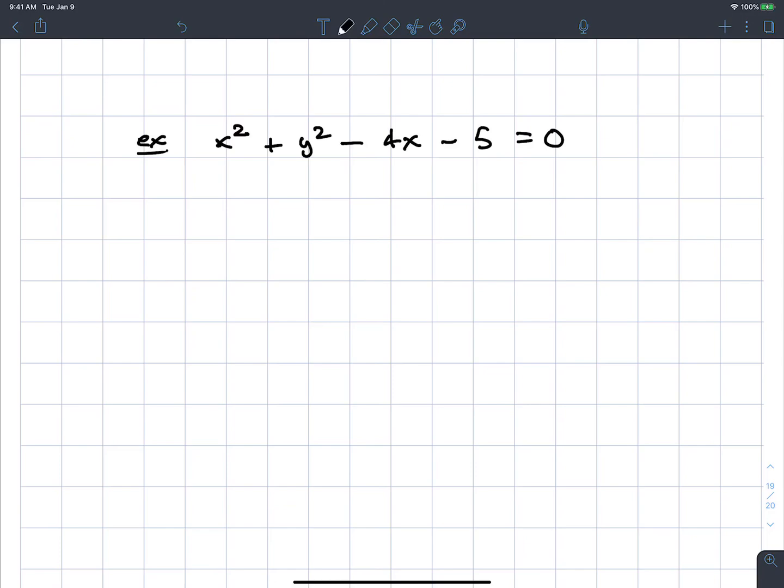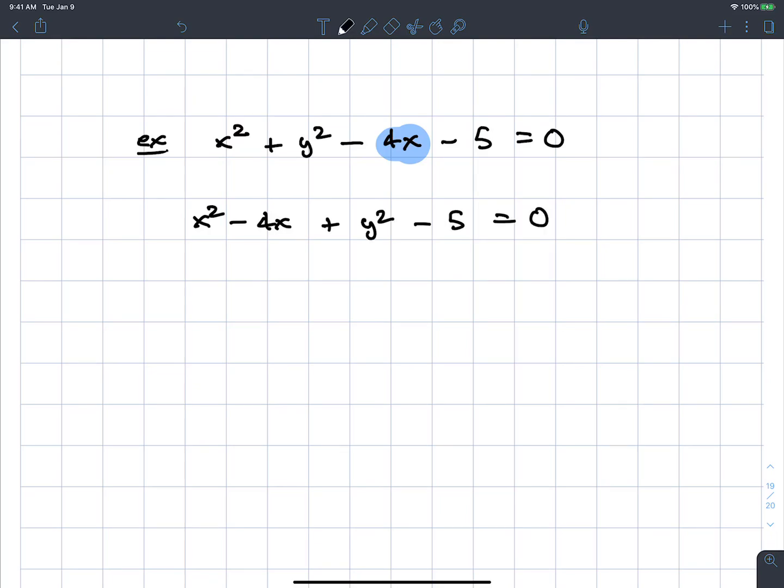But for this problem, if you notice, you do have a bx term, right? We have a bx term. So what I'm going to say here, first write it this way. Put the x variables next to each other, because when you complete the square with respect to x, it'll make things easier to work with.